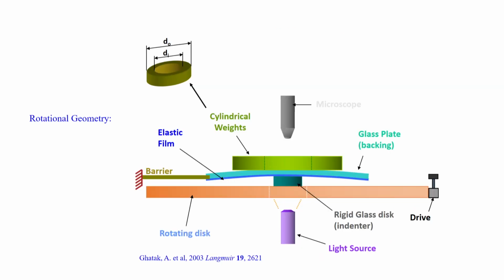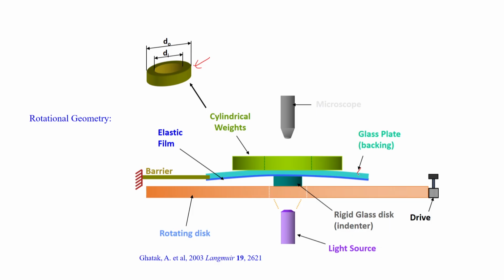So we did the experiment in a somewhat different geometry, where we have a disc which is a kind of indenter. The indenter is in the form of a disc on this substrate, and we apply a kind of torque over here. This disc is placed on this film on this glass plate.